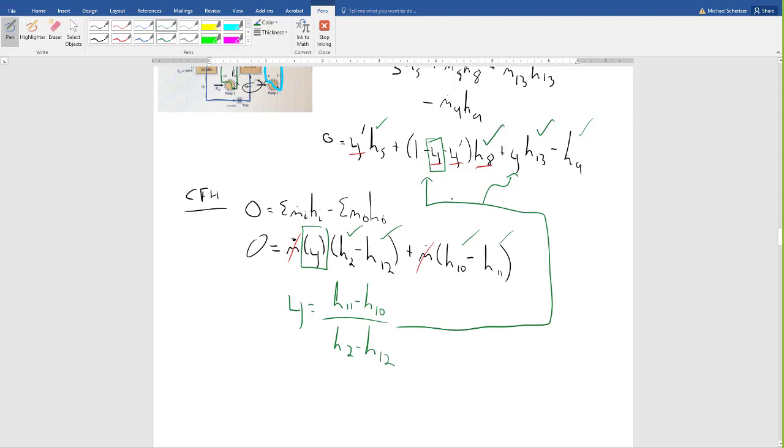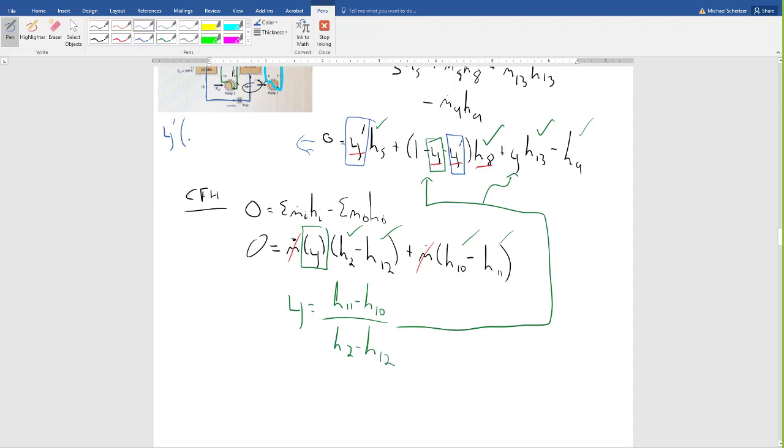Now we found H8, which means that we can use this expression to find Y prime. We'd have to do a little bit of arithmetic. I'd get the Y prime, right? So I'd have Y prime times, I'd move this to the other side.